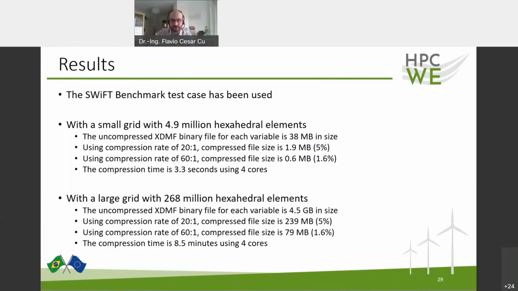Again, I have used the Swift benchmark for that, and I have tested in a small grid and in a large grid with compression ratios of 20:1 and 60:1, so that the final files have 5% or 1.6% of the original size.